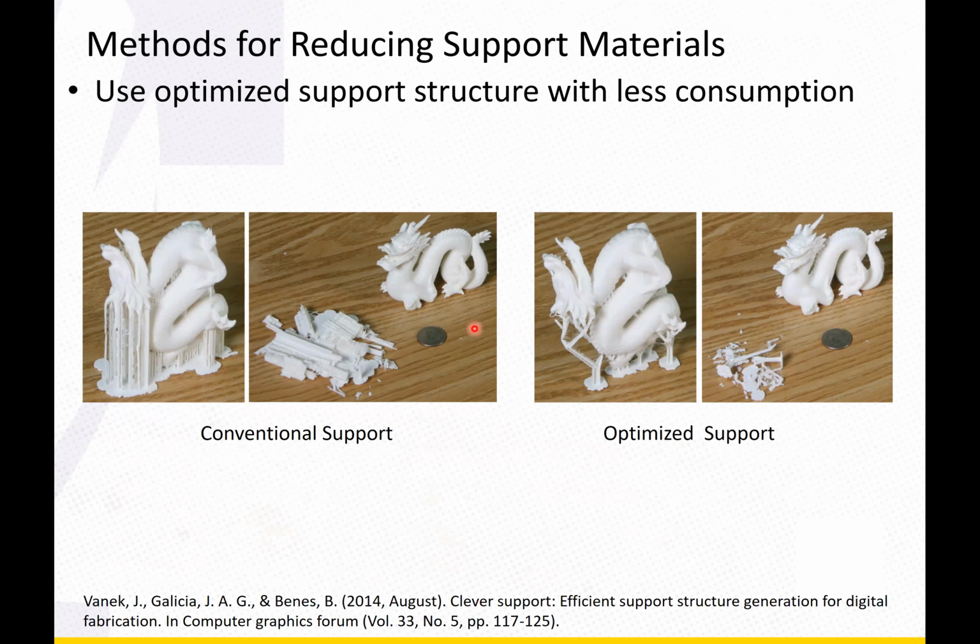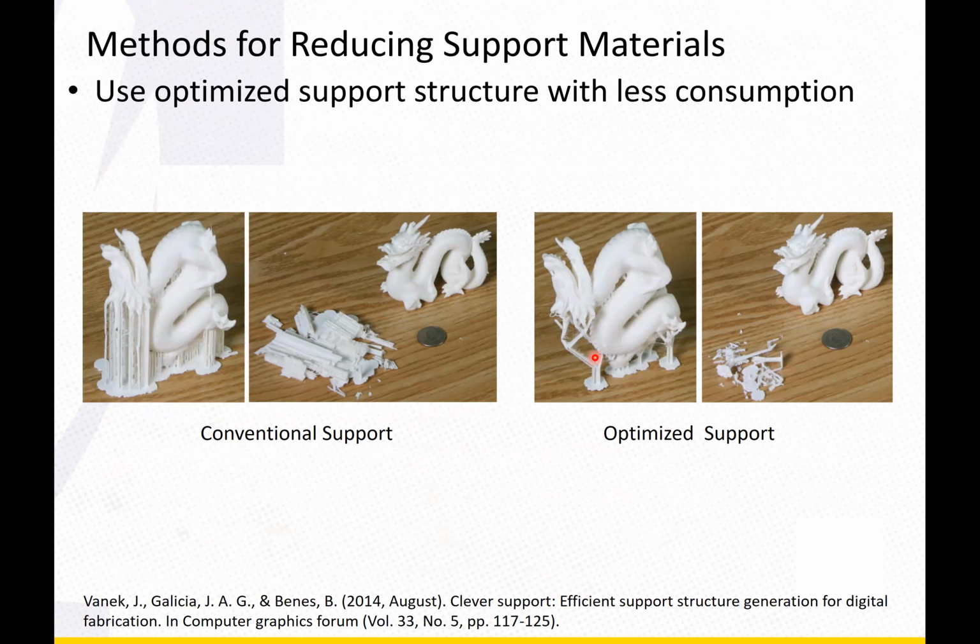But for this one, they do an analysis, a load analysis, such that the support is added only to the places where it's necessary. So you can see the big difference between the optimized one and this conventional one. If you have interest, you could check this paper for details.